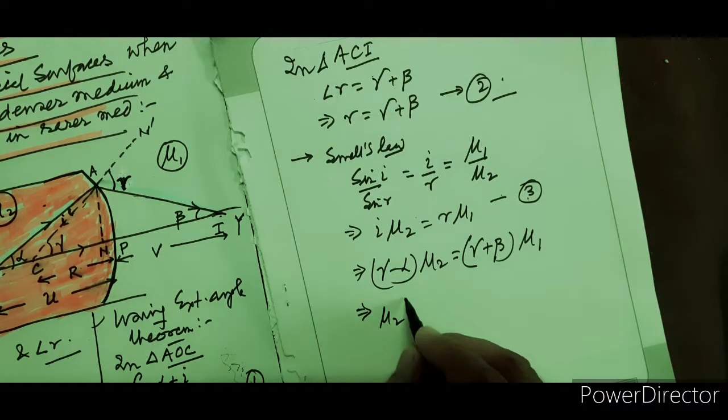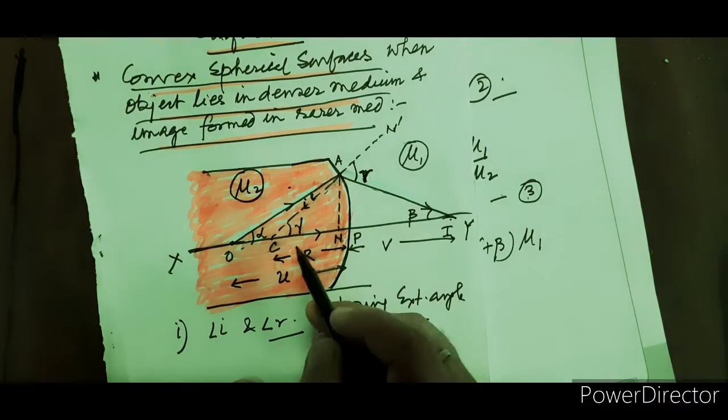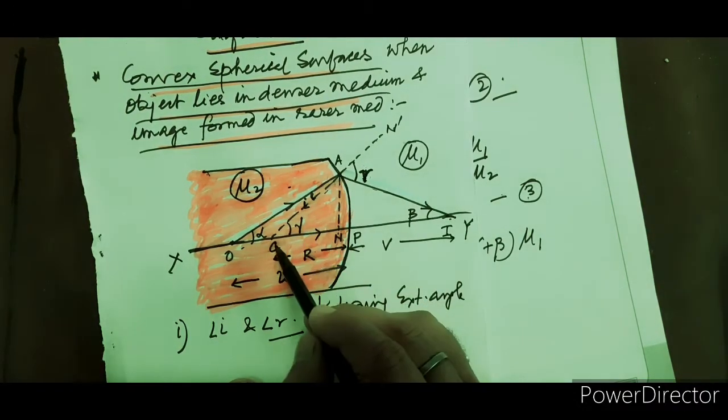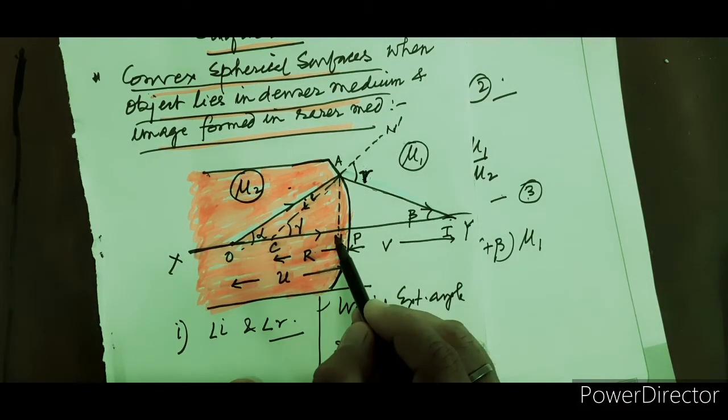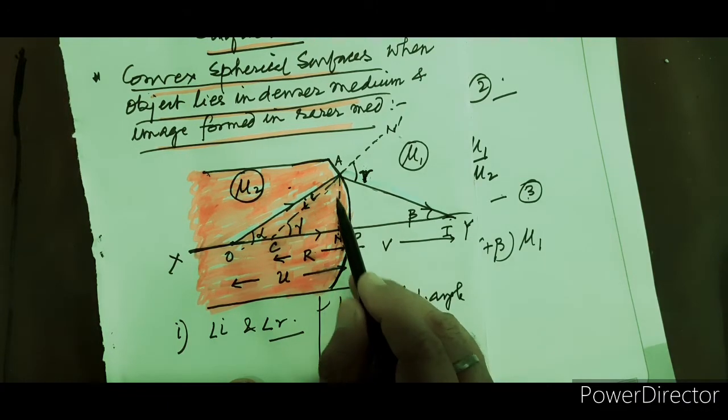Mu2. Now in place of gamma, just see the diagram again. In place of gamma we can write AN by CN, which we have discussed earlier also.